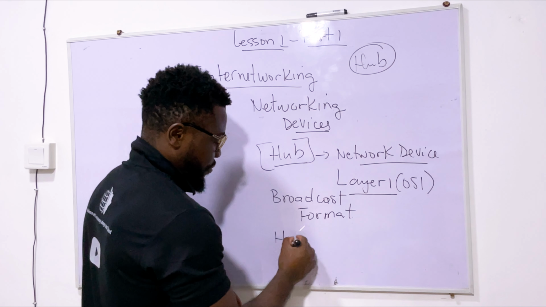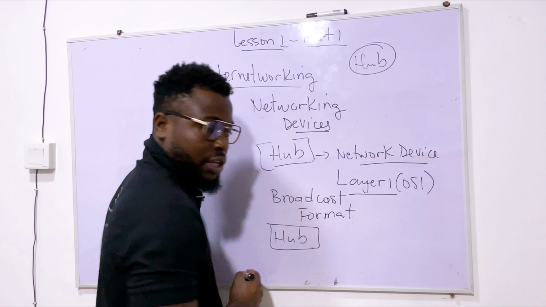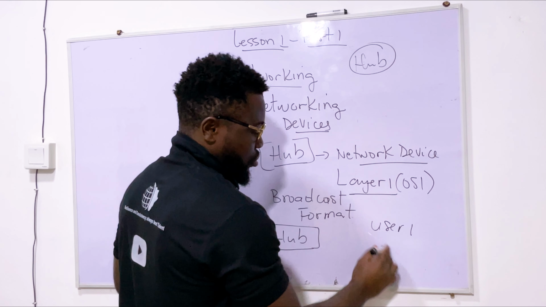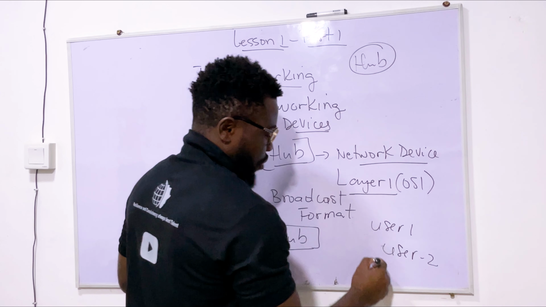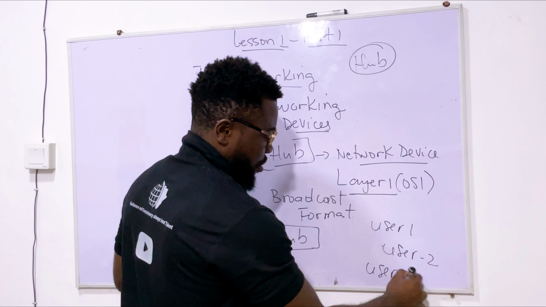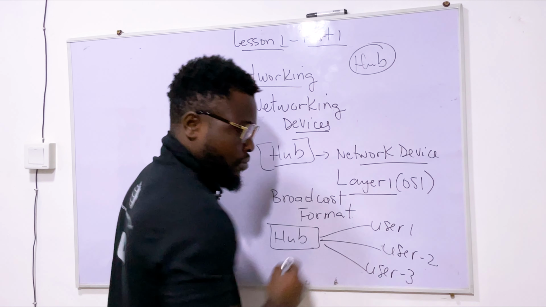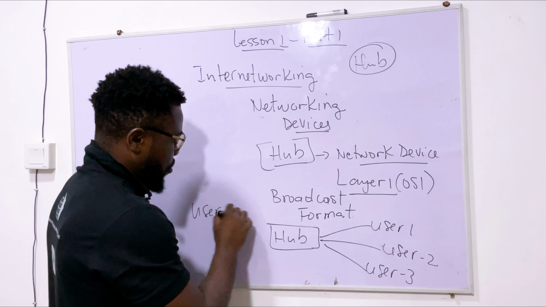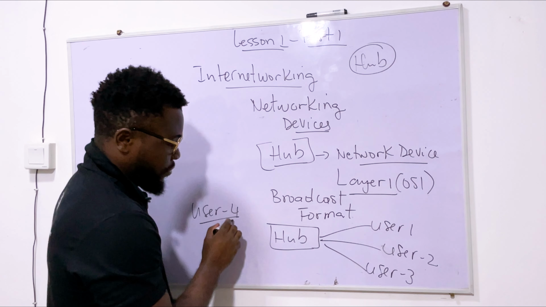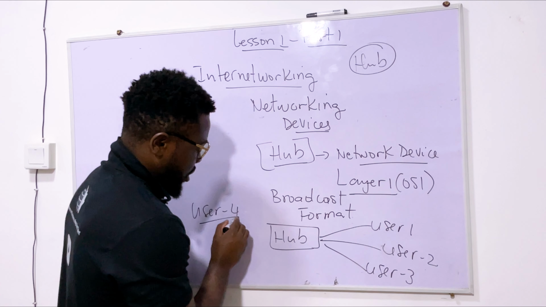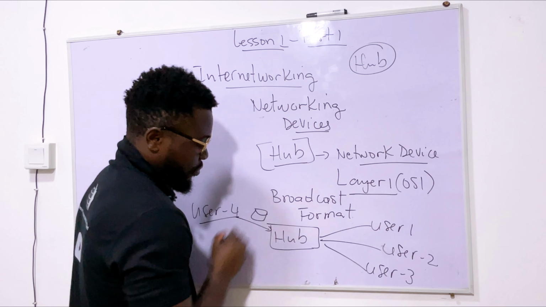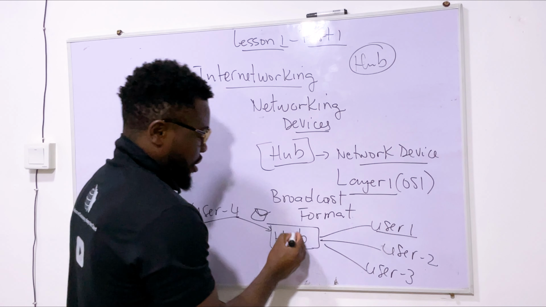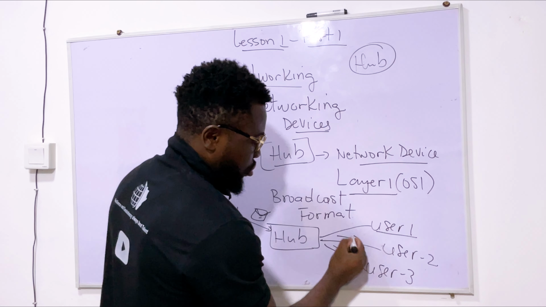If we have this hub over here, and then we have user 1, user 2, user 3, and let's say user 4 over here. If user 4 wants to send a message which is destined to user 1, this message will now be sent across these 3 users.